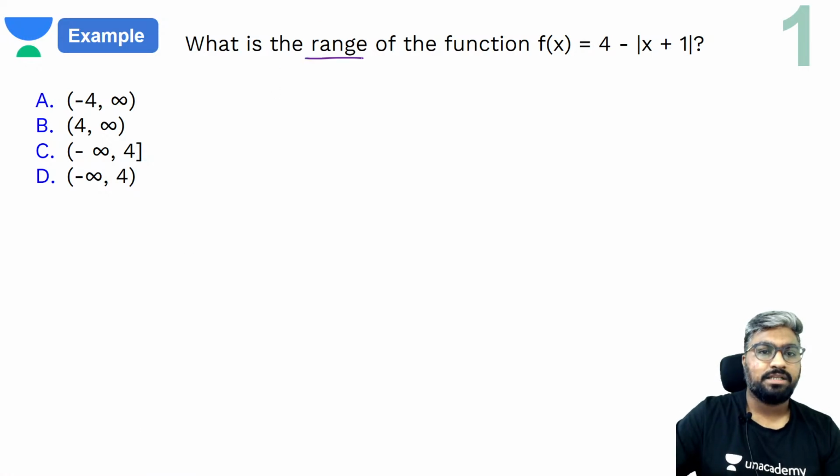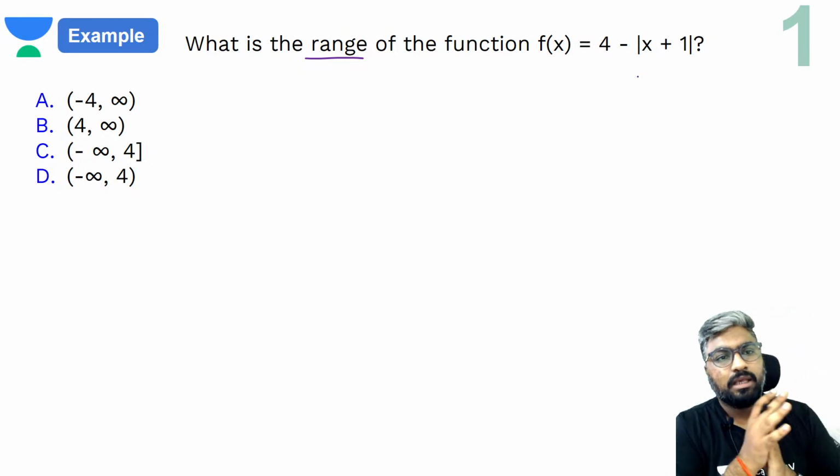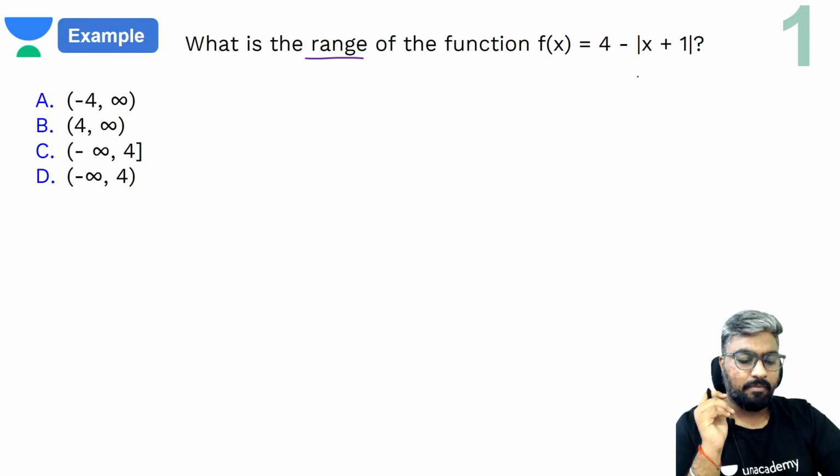What is the range of this function f of x is equal to 4 minus modulus x plus 1? What would be the range of this function? f of x is 4 minus modulus of x plus 1. Quickly try this.